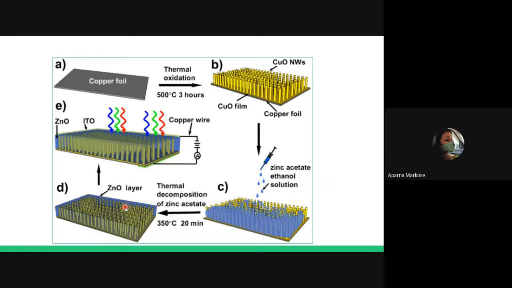So this is just a process to show you how it is happening. A copper foil, it's a copper foil based solar cell, and you do a thermal oxidation for 3 hours in a furnace, and in thermal oxidation we heat it in oxygen so that it will become copper oxide nanowires. This is a nanowire based solar cell. In our case, we will be creating titanium dioxide based nanotubes, and you will put zinc acetate ethanol solution for the zinc oxide layer, and you will heat it up at 350 degrees Celsius for 20 minutes.